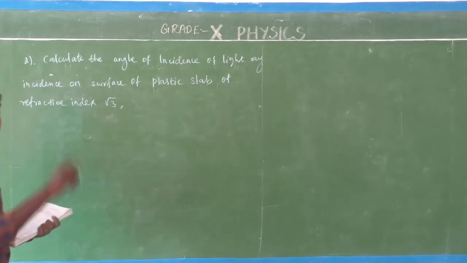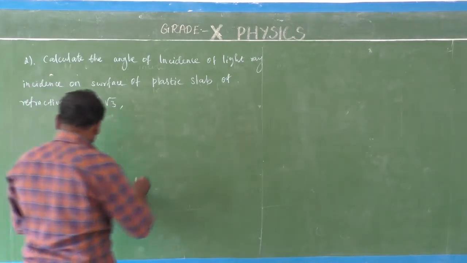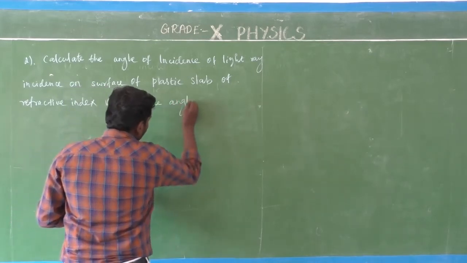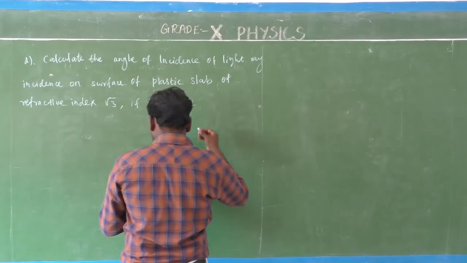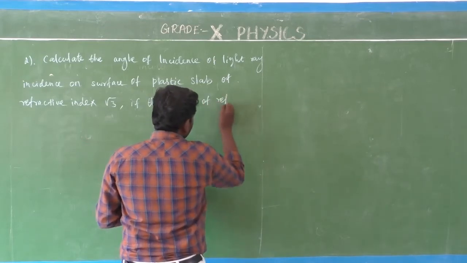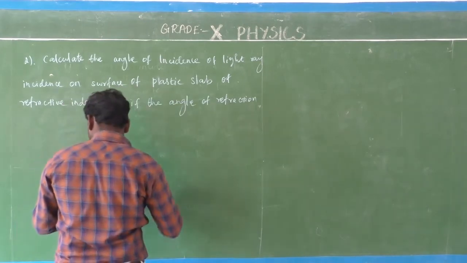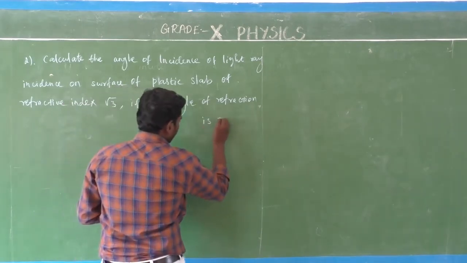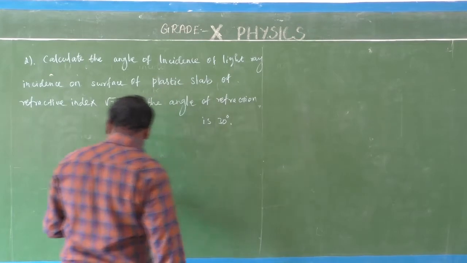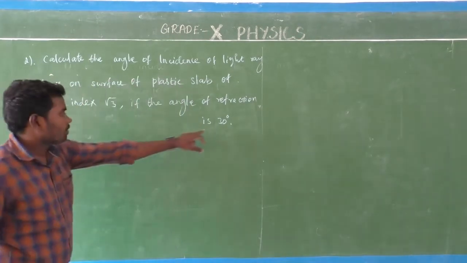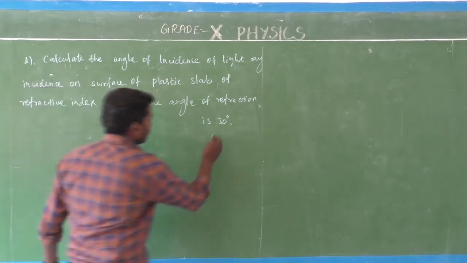Refractive index value how much? √3. Yes. If the angle of refraction is 30 degree.